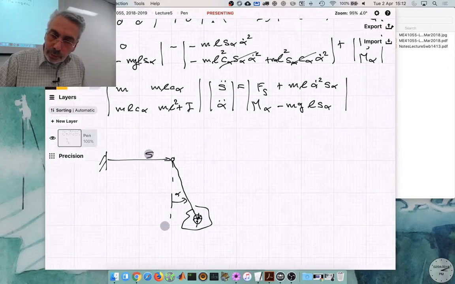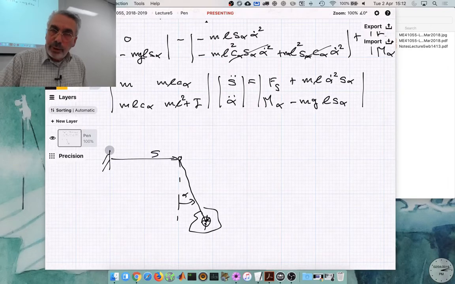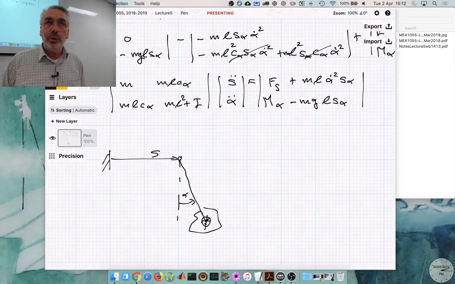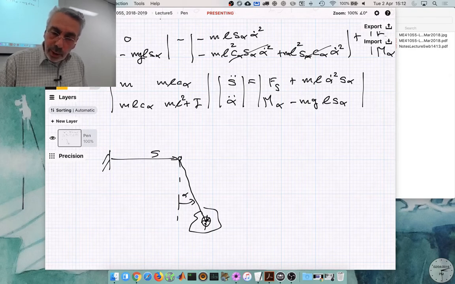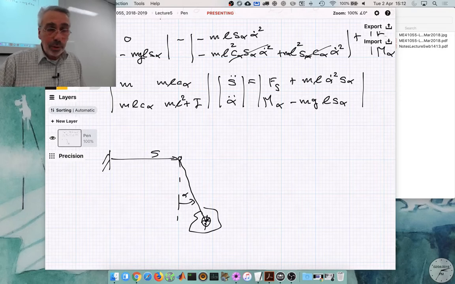Let's accelerate the thing with a constant acceleration to the right. What does it take to do that? And then of course it should be in the first equation. So it tells you, the force you need here, this Fs, is this linear acceleration times this mass. Well, this is 0, because we keep the angle constant.